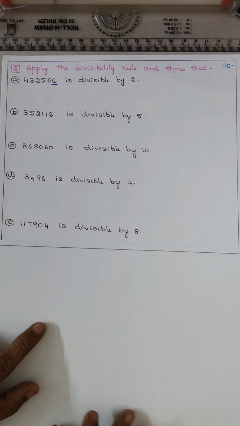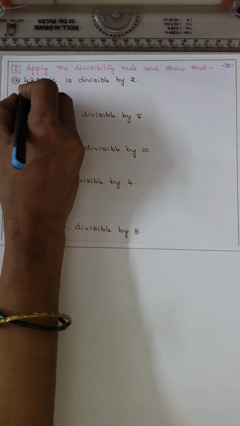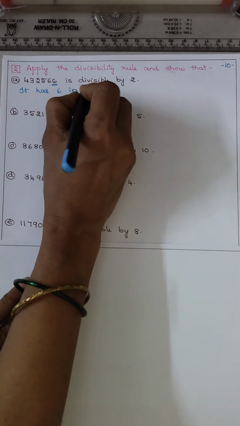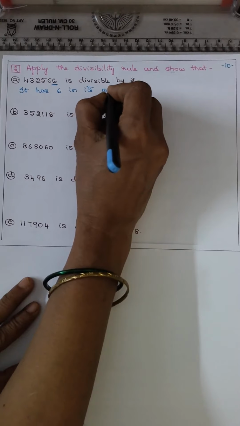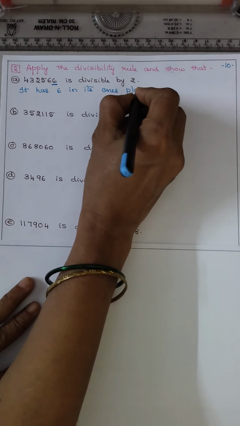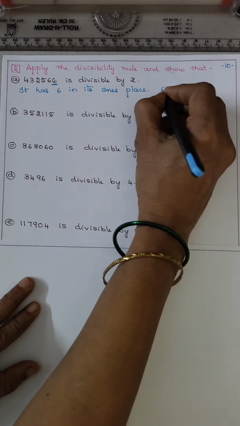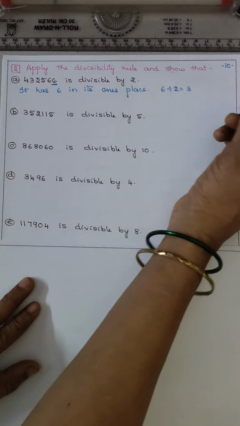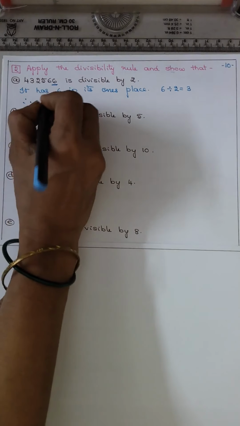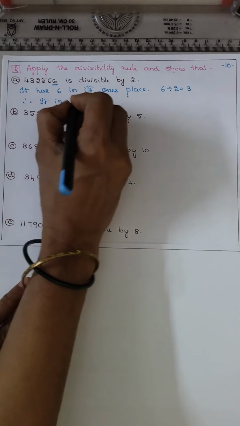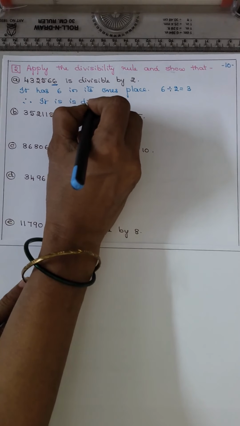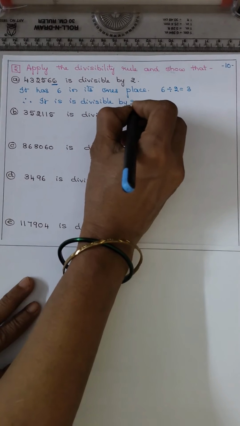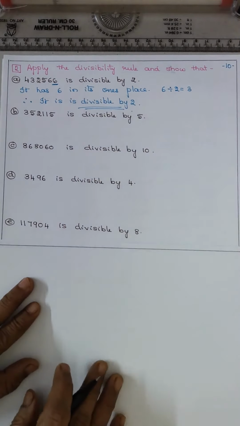For 2, the last 1 digit, so you have to write it has 6 in its ones place. 6 divided by 2 is equal to 3. Therefore, it is divisible by 2.